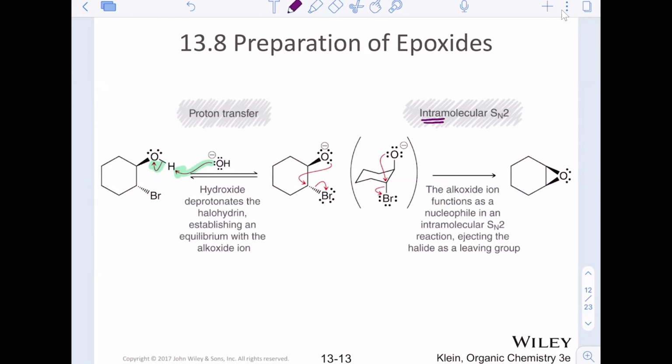Remember, intramolecular reactions are always more rapid than intermolecular reactions. So we won't see two halohydrins reacting with each other. We'll see the halohydrin reactant reacting with itself. This backside attack is seen right here in the chair structure, just so that you can visualize that yes, a backside attack could occur even in a ring formation. And then we find our final product as being the epoxide.